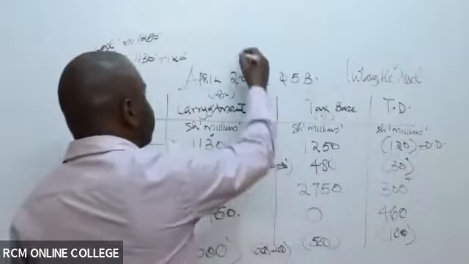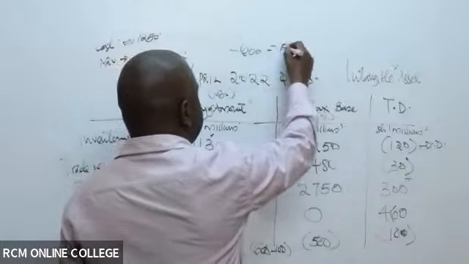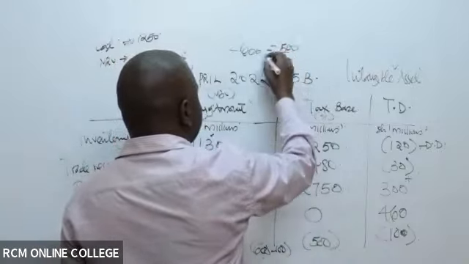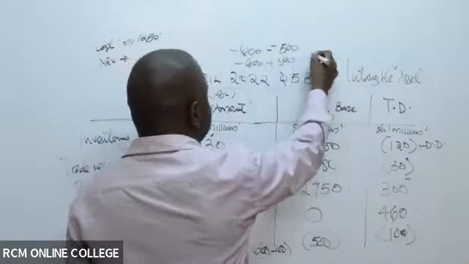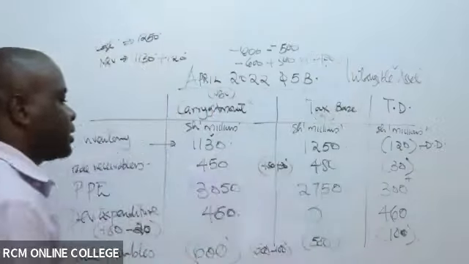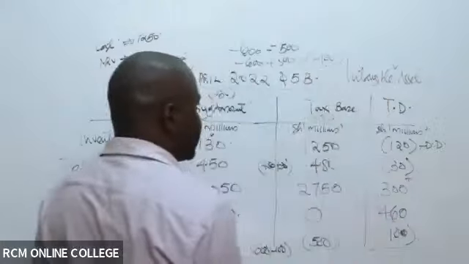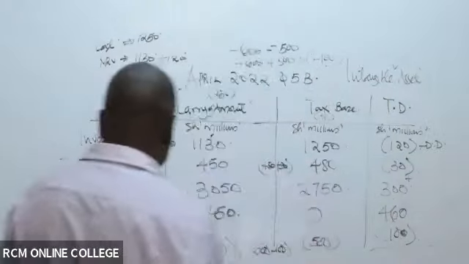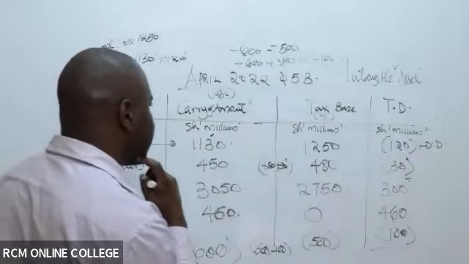So when you take minus 600 plus 500, it becomes negative 100. That is according to your board mass. So that will become the temporary difference regarding the trade payables.